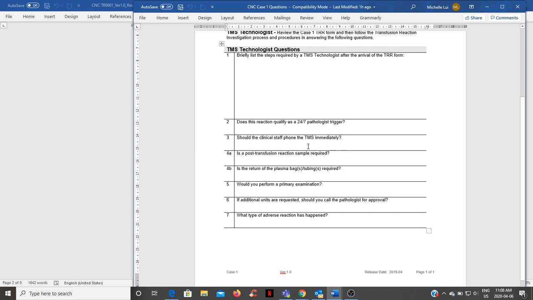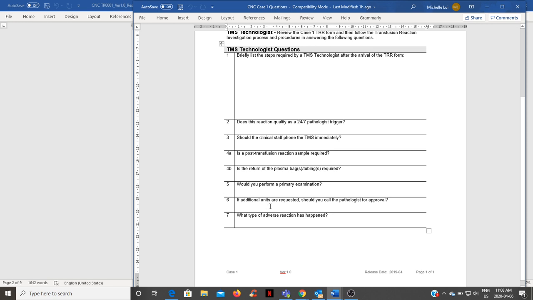So you can answer the rest of these questions. Number 7 down here is hopefully gathering or accessing some of the information in Module O. With this symptom, what type of adverse reaction is this? Number 6, hopefully you've made sense of this one.